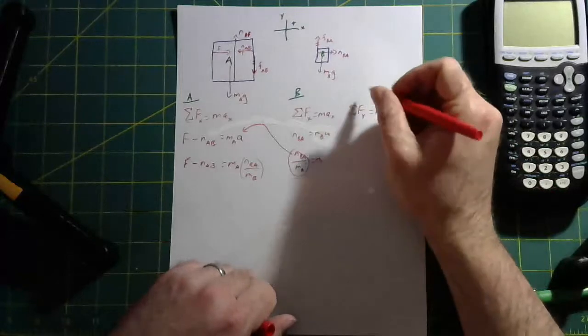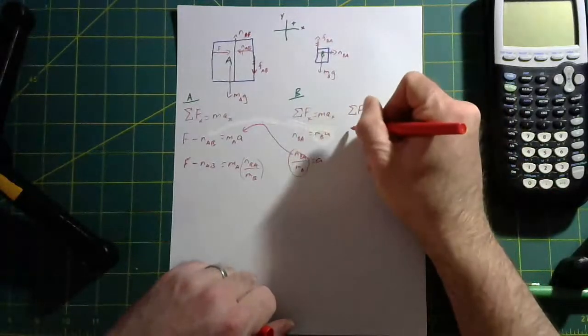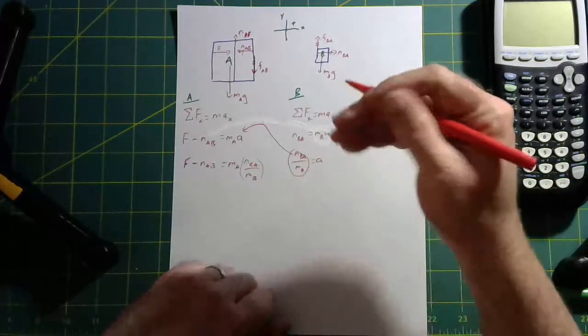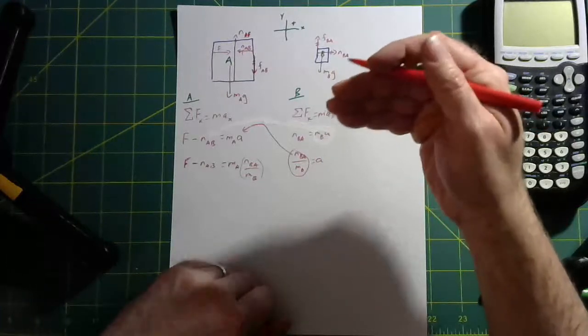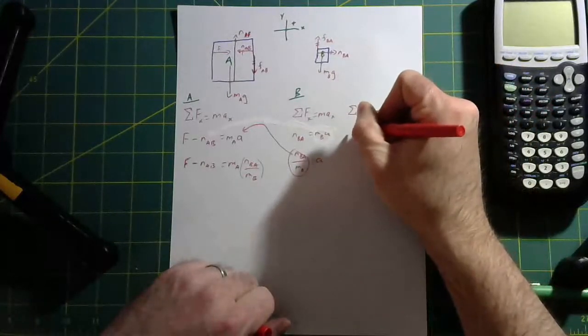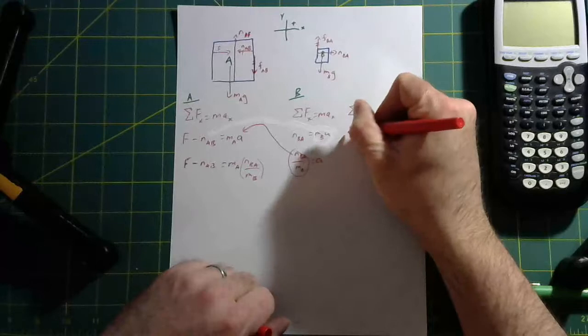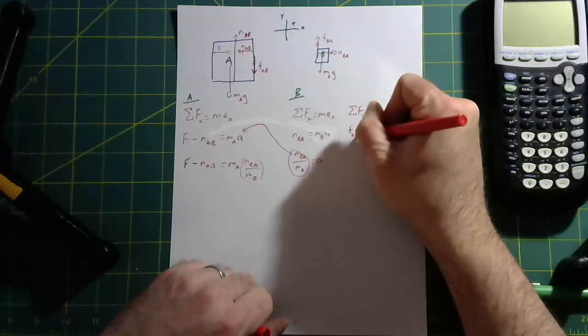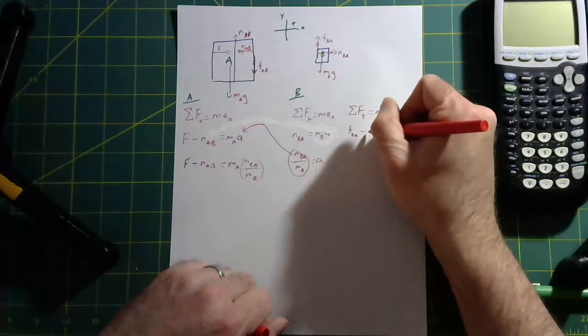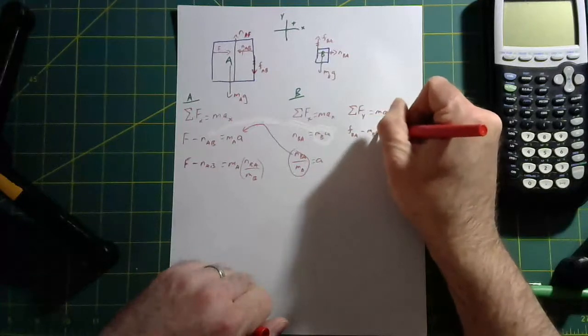So when I do this, we'll do up minus down as MA. I'm going to be looking at it when it's just barely about to slip, but not slipping. So we'll do that friction force on B by A going up minus MBG.